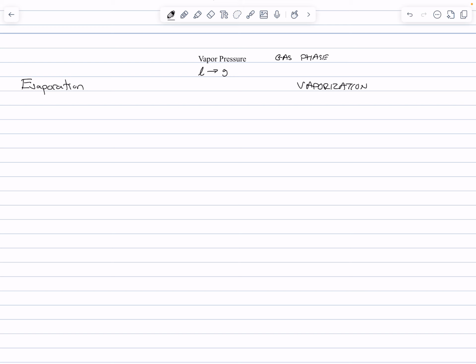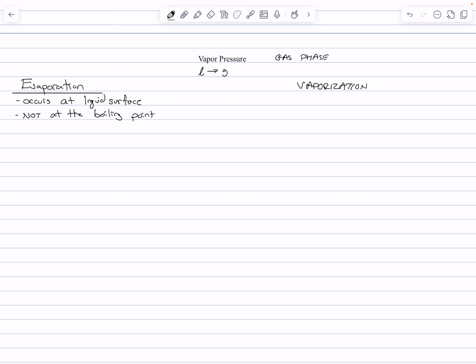Well, evaporation occurs at the liquid's surface, and most importantly, it's not at the boiling point. So evaporation does not occur at the boiling point. It occurs at the surface of the liquid.